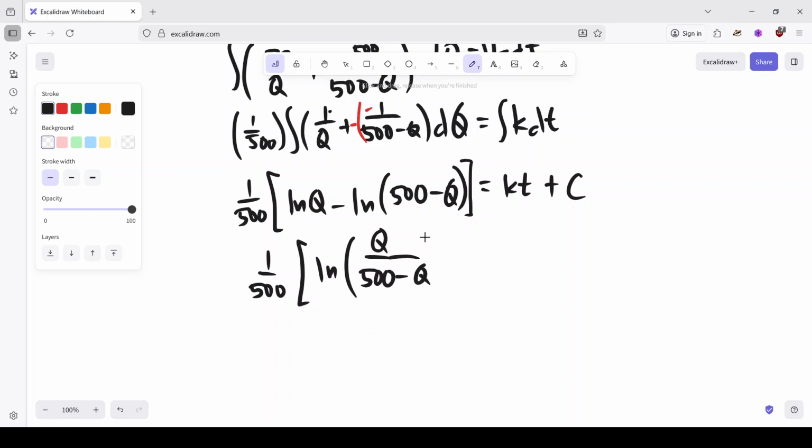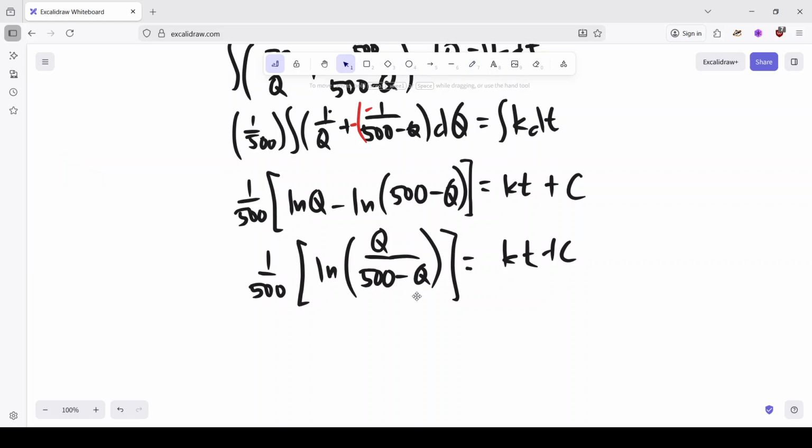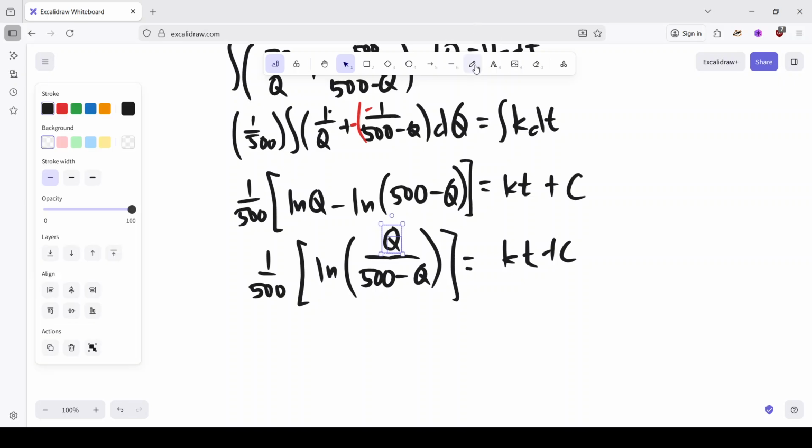Again, this is from the property of ln, which is ln of a minus ln of b is equal to ln of a over b.